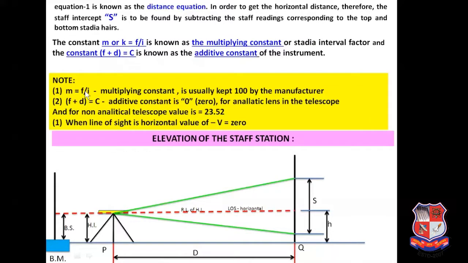Equation 1 is known as the distance equation, by which you can find the horizontal distance.